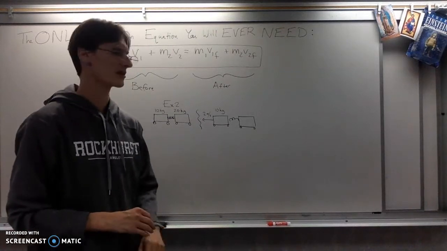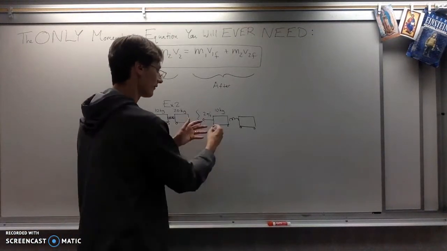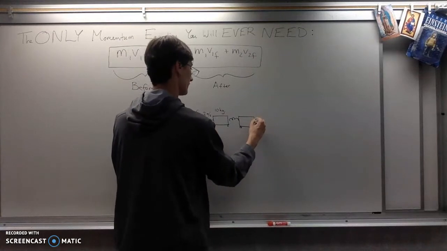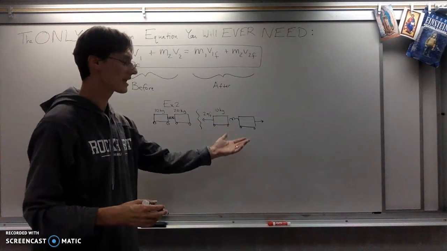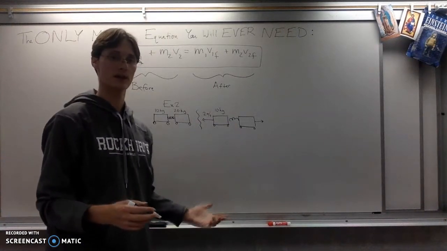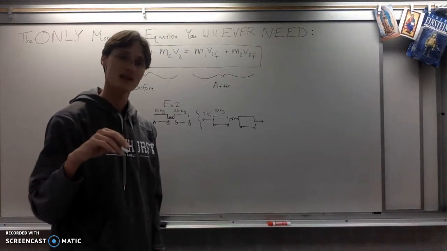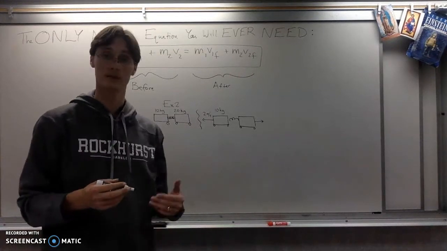Well, how can that be, Mr. Erico? They're both moving, right? If you've ever done anything like this before, you know this one's got to be moving in the opposite direction. And so how can you say there's 0 momentum? Because they're both moving. Well, it's still 0 because they're moving in opposite directions. Momentum is a vector.